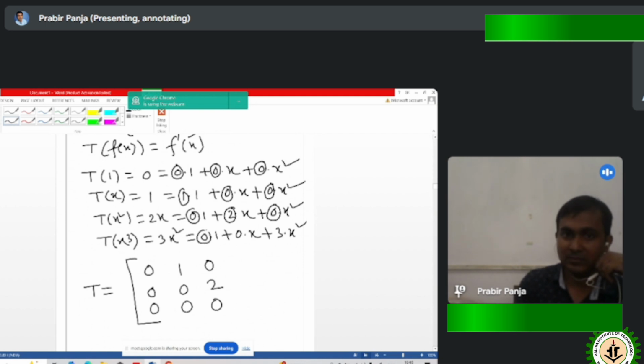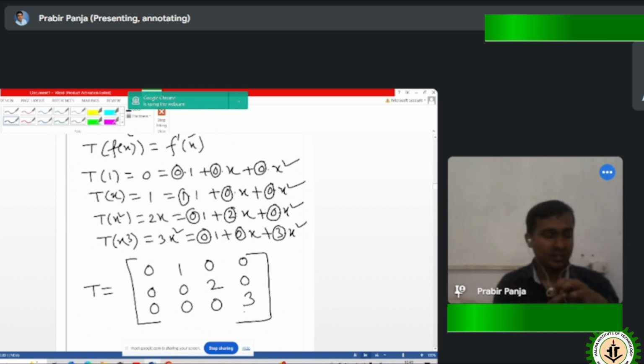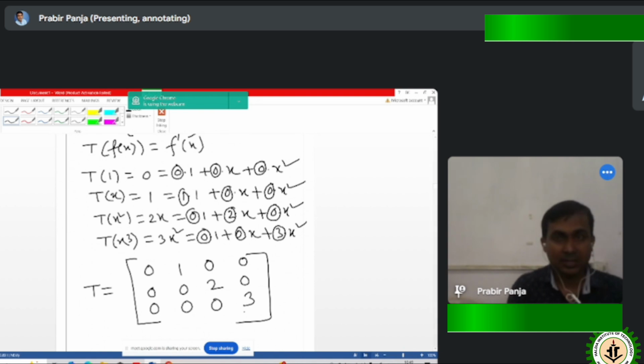From the fourth equation: 0, 0, 3. So ultimately, we get the matrix representation for the linear transformation T. This is the way to find the matrix representation for any linear transformation T.